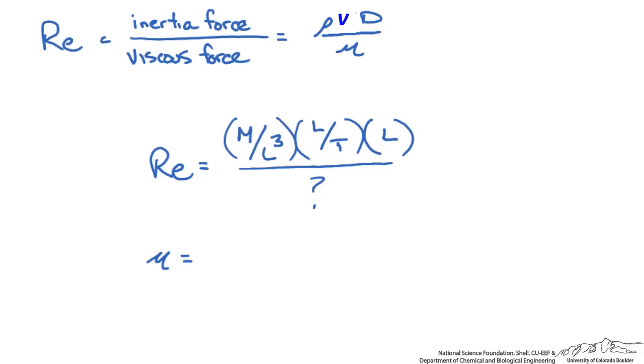However, that doesn't necessarily fit in with our MLT or FLT system of units. So if we know the Reynolds number is dimensionless and we know the units of the variables on top, we could determine what the units of viscosity would be. And as you can see, it's going to be a mass per length times time, and in an SI system of units we may report that as a gram per centimeter second.